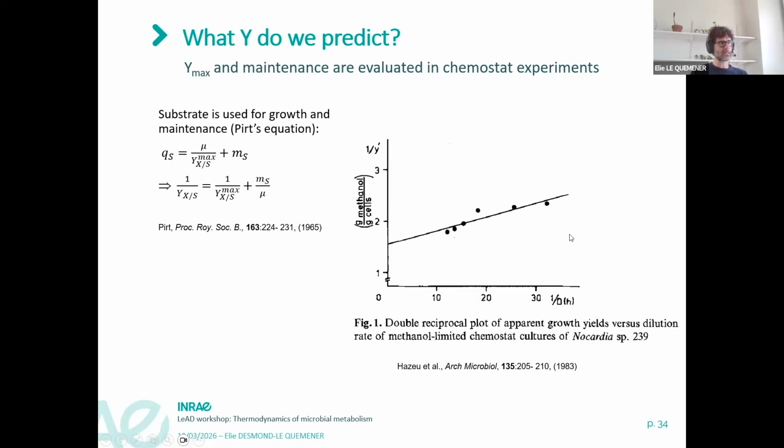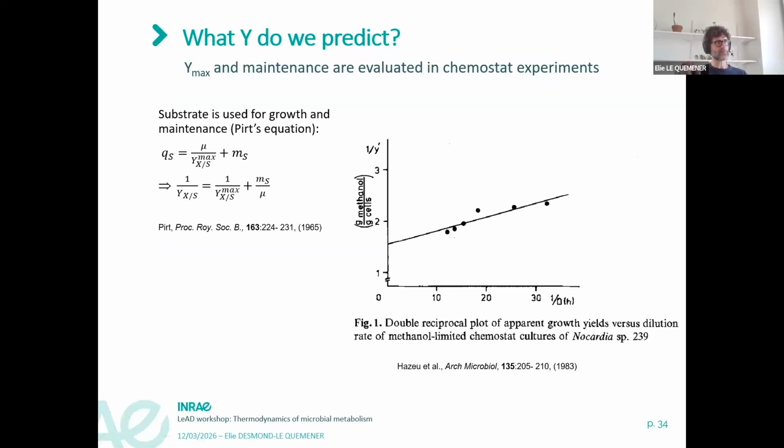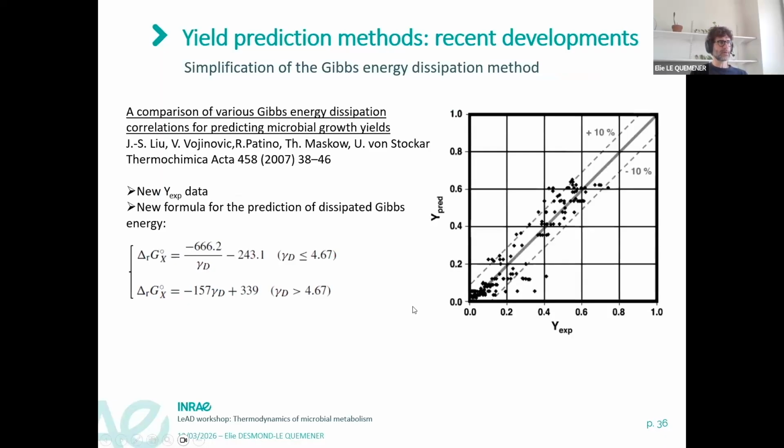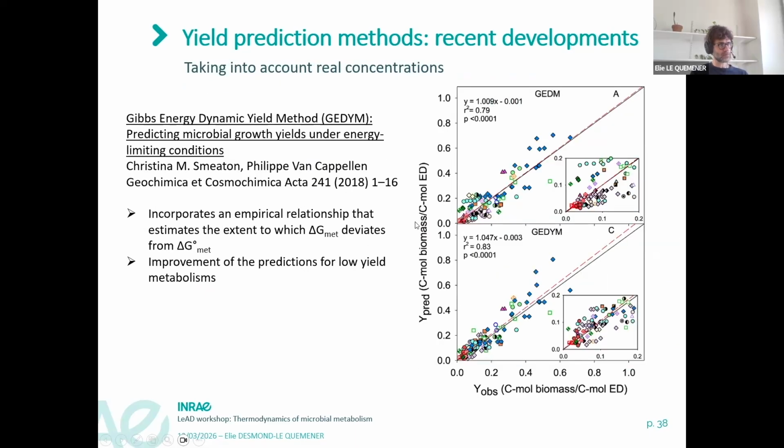So it's important to realize that, because it means that when you use a method, you predict maximal yield, but then if you want to refine your prediction, you need to take the maintenance into account. And some people try to refine the Gibbs energy dissipation method a little bit by completing the database. I give several examples here: one paper from 2007, one from 2011, and one from 2018.